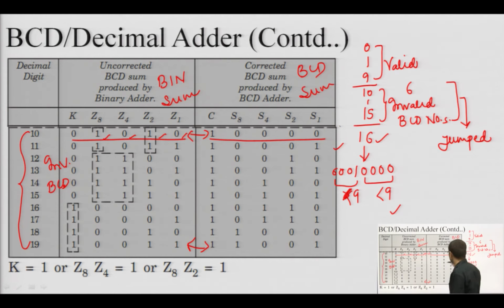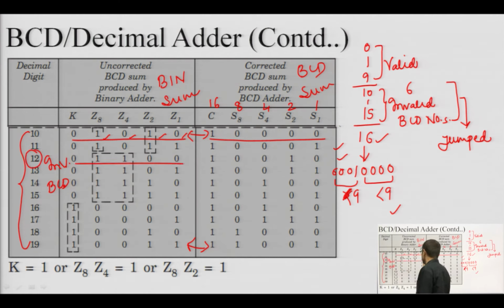Similarly, 12 we get 18. We are clearly mentioning the weights 1, 2, 4, 8, 16. Let us suppose we are considering 12. This 12 is 0 1 1 0 0 in binary, and after adding 6, 12 plus 6 is 18.